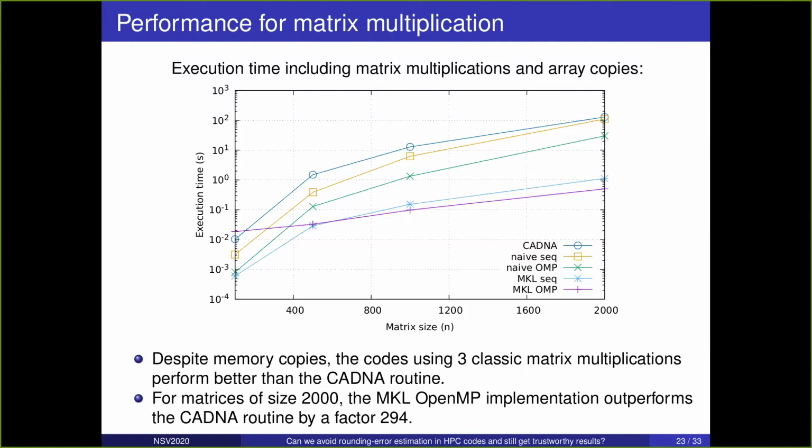And we see that despite memory copies, the codes using 3 classic matrix multiplications perform better than the CADNA routine. And in particular, for matrices of size 2000, you can see that the MKL OpenMP implementation outperforms the CADNA routine by a factor which is nearly 300.